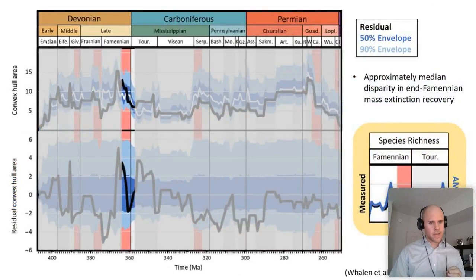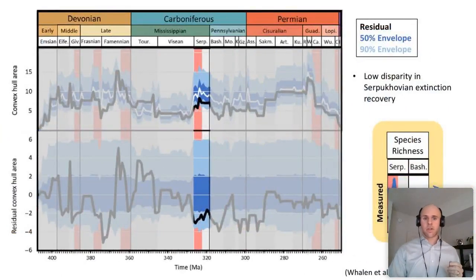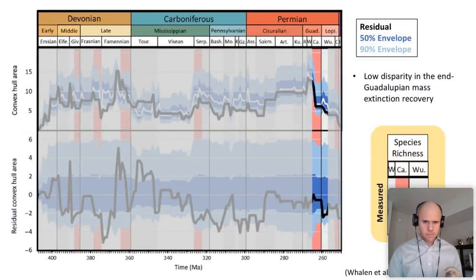Looking at the Endfemenian mass extinction, you again see you're within the 50% confidence envelope. Looking at the mid-Serpicovian extinction recovery, you are just barely within the null 50% envelope there. The extinction itself brought ammonoids below the null 50%.